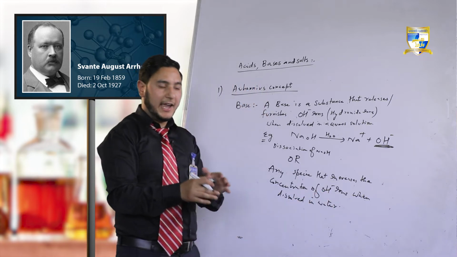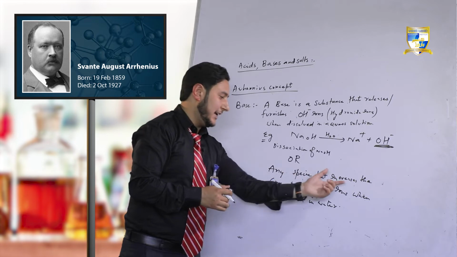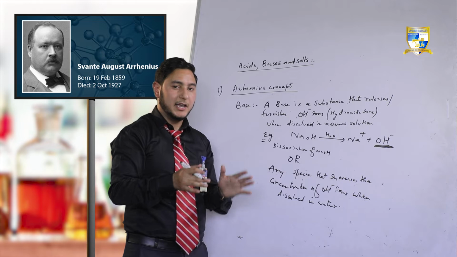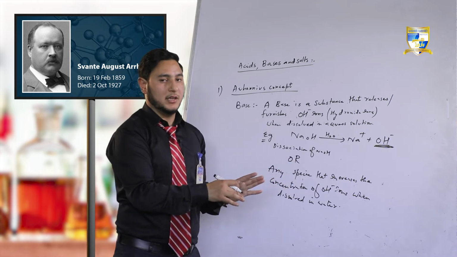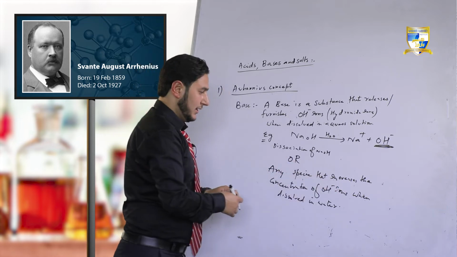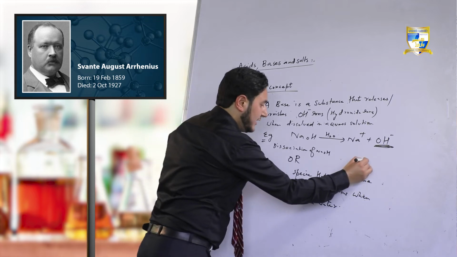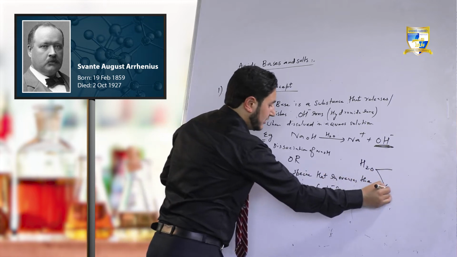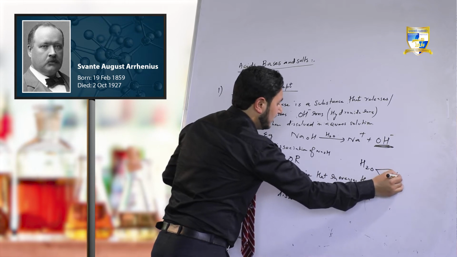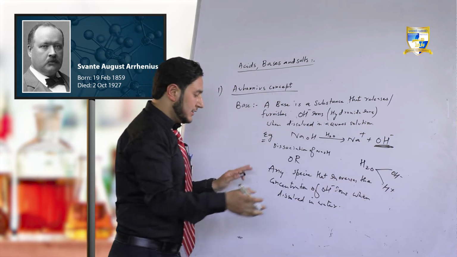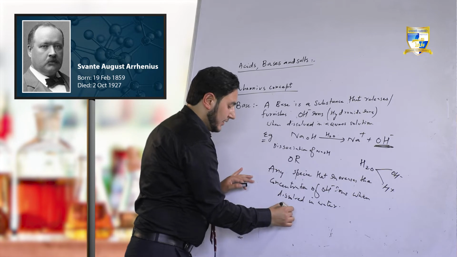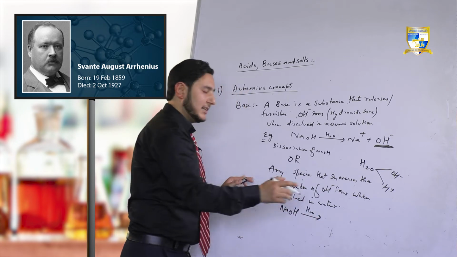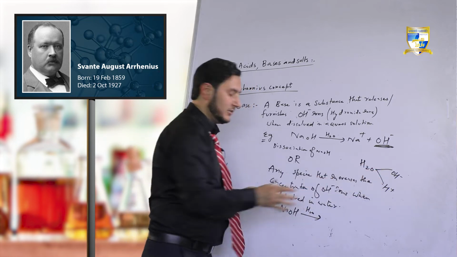That is, any species that increases the number of OH negative ions present in the water. Since we know H2O is itself made up of two things, first H positive, the proton, and another the OH negative ion. If we add NaOH to the water, water itself contains H positive and OH negative ions.